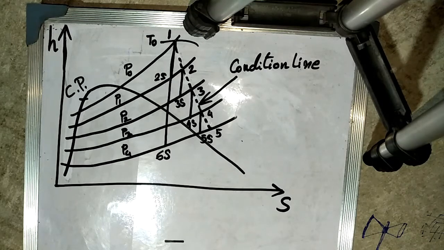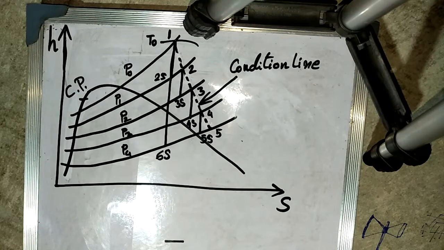And the last one is that the condition line representing the actual expansion in the turbine is approximately the locus of points including the actual conditions of the steam at the exit of each stage. The effect of item 4 is expressed assuming equal available energy per stage.